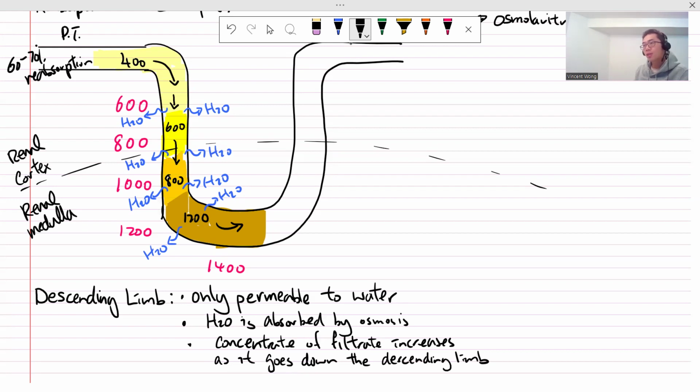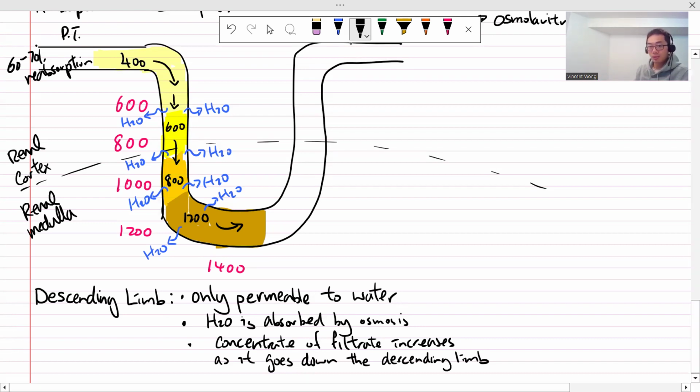So if you want to conserve water, do you want your pee to be concentrated or do you want your pee to be diluted? If you want to keep as much water in the body as possible, do you think it's good to produce very concentrated, yellowish pee, or really diluted pee?